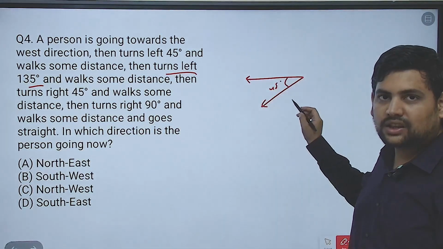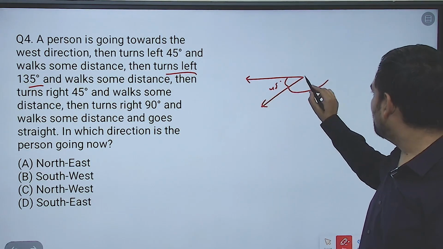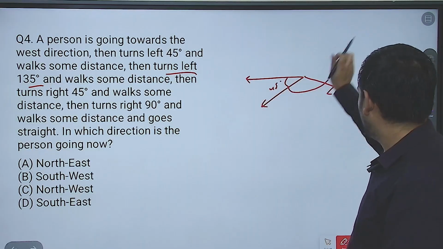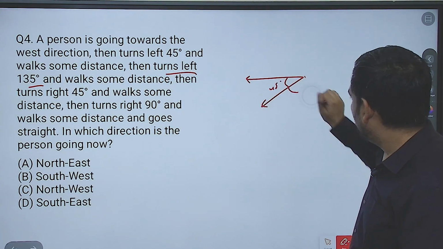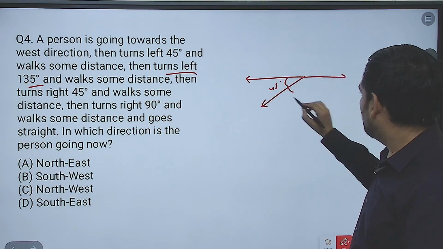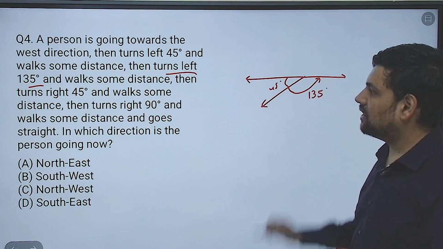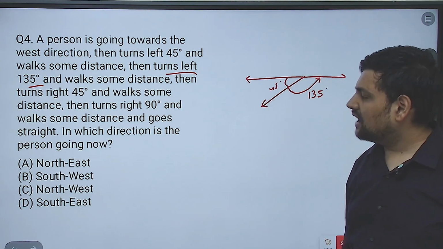Again he goes 135 degrees left, that means again anti-clockwise. So if this is 45, this will be 135 degrees. So now he reaches east, turns left and walks some distance, then turns right 45 degrees.